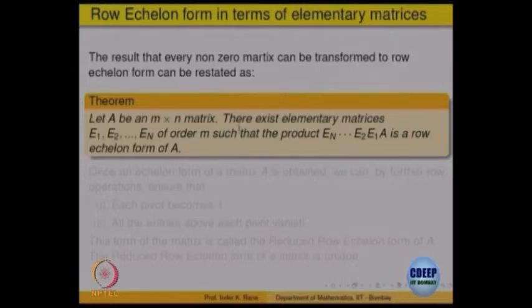So, we have just restated that theorem that every matrix can be reduced to row equivalent form by elementary row operations, in terms of elementary matrices.